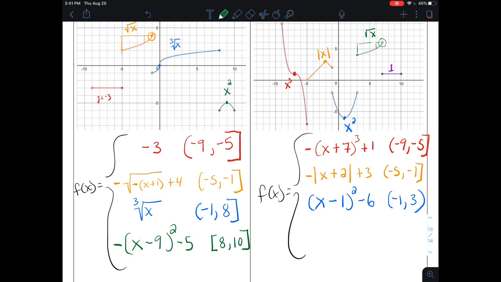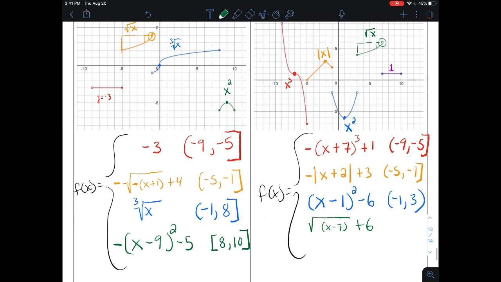The next function we get to in order would be the square root function. Well, we've already identified the starting point for that square root function, so I'm going to pre-make my square root. We move that starting point away from the origin by moving it to the right 7 units, so x minus 7, and moved it up 6, so plus 6 on the end.